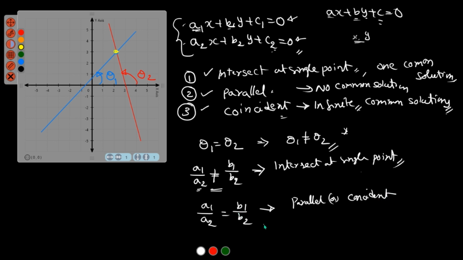If this ratio is not equal to c1 by c2, then they are parallel lines. If it is equal to c1 by c2, then they are coincident.